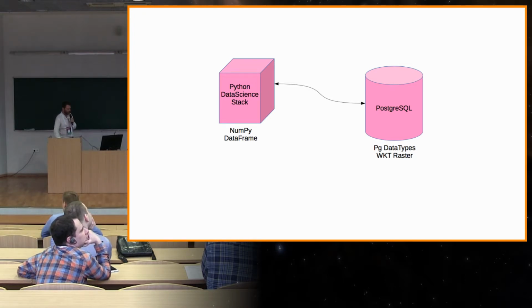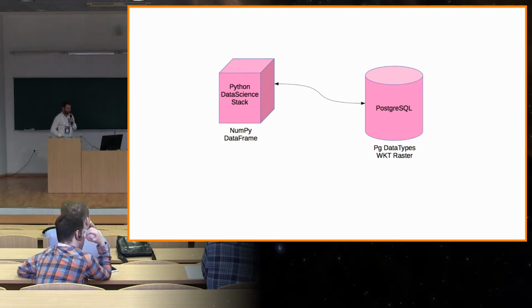And on the other side, in the Python stack, the common data are based on NumPy or on the data frame, which is some kind of NumPy array with metadata in addition.